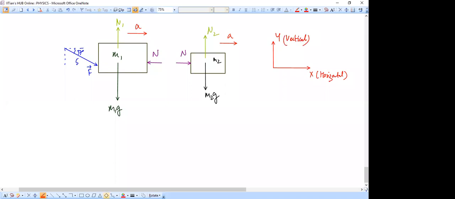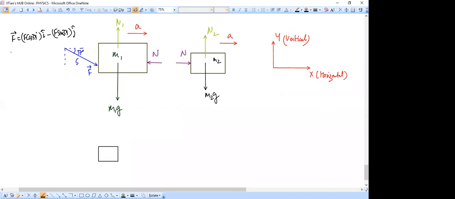Right. So for the block M1, now we'll just do it in brief. We can see that this force F will have an x component of F cos 37 and a y component of minus F sin 37.